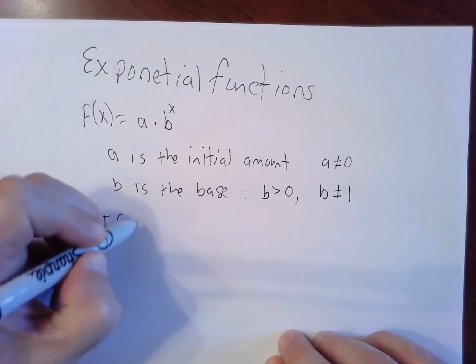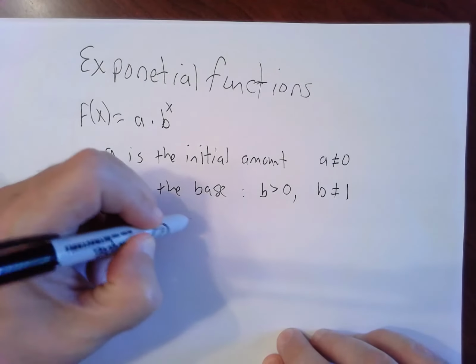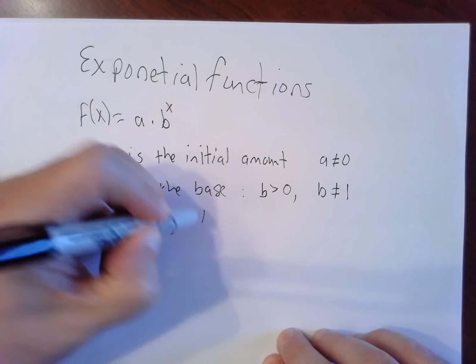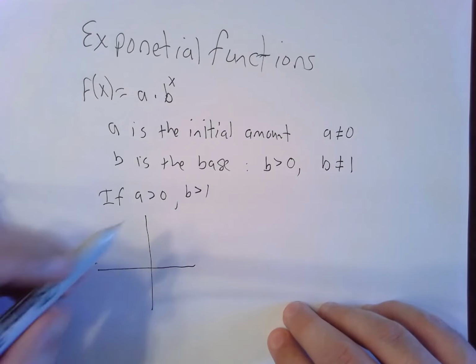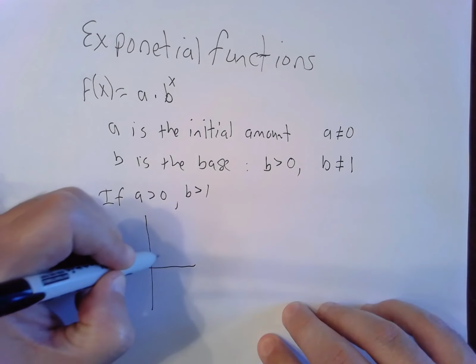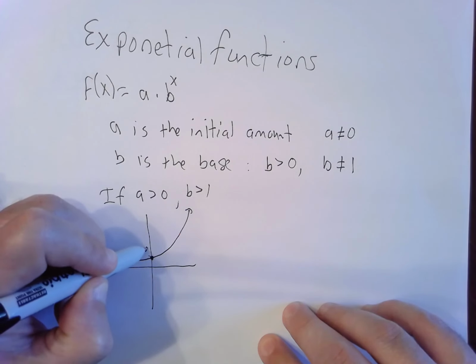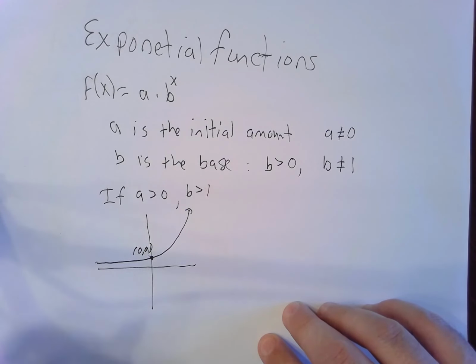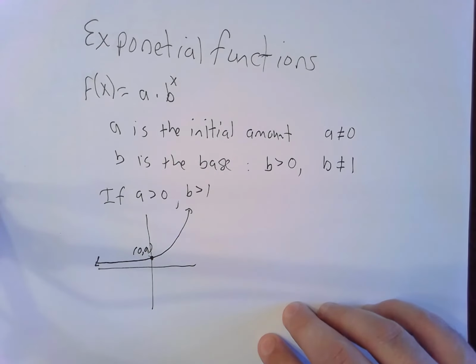If a is positive and b is bigger than 1, we get a graph that will look something like this. It passes through the point (0, a), our initial amount. That's our y-intercept. This is going up, you can see.